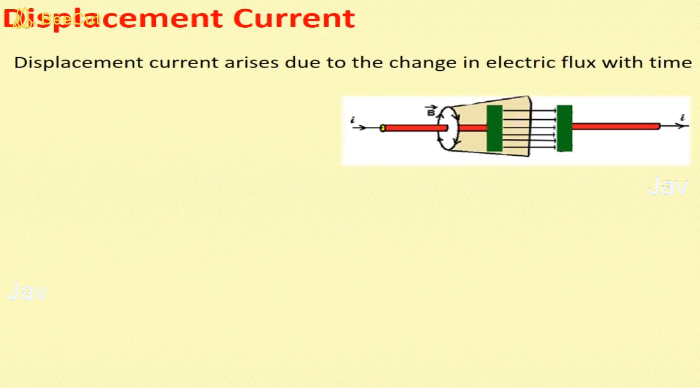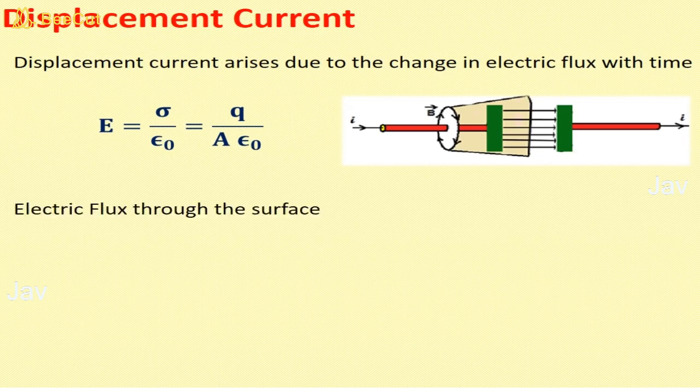The electric field that exists between the plates of the capacitor is E equal to sigma by epsilon 0. Sigma is the surface charge density, which is nothing but Q by A. So the electric field can be expressed as Q by A epsilon 0. The flux linked with the surface, phi E, equal to E into A, equals Q by epsilon 0.